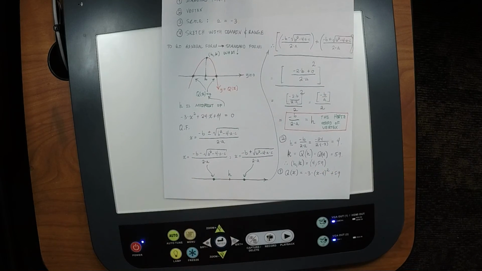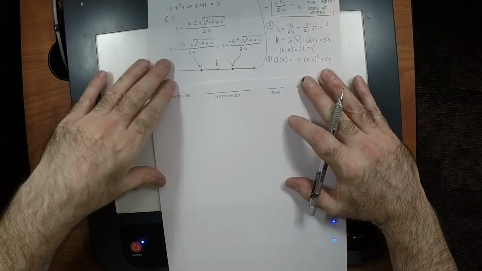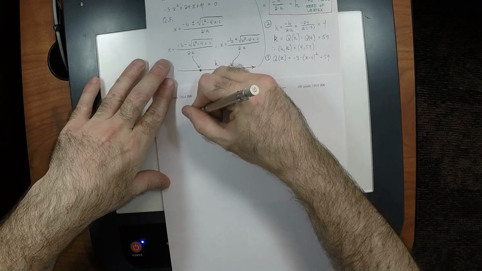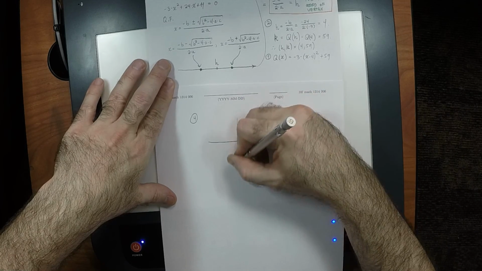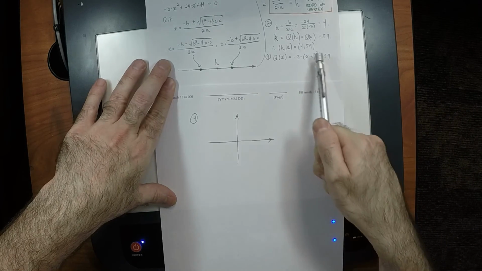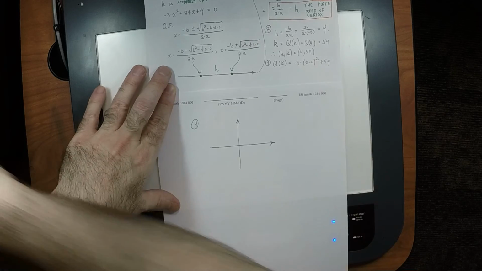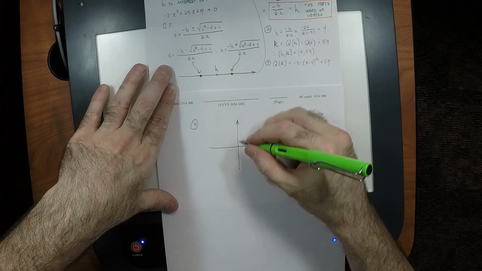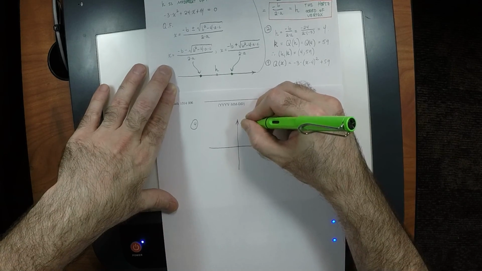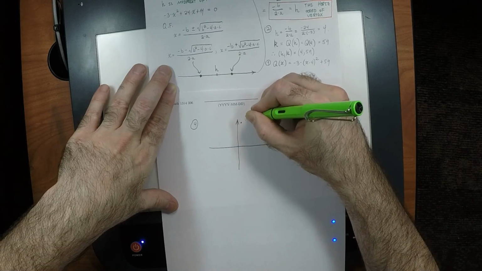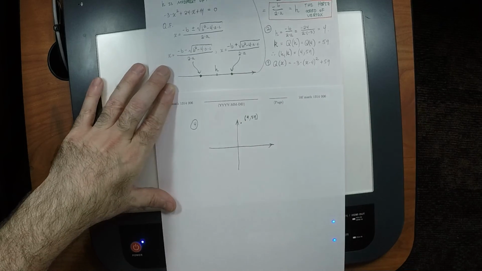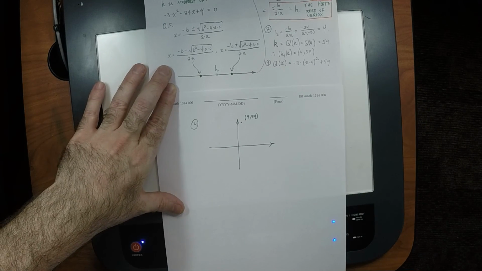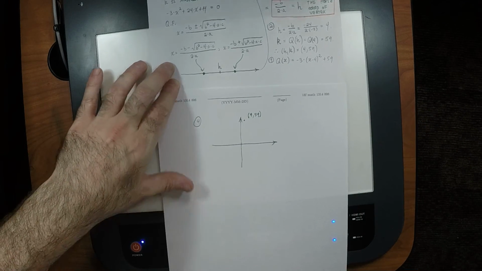And then finally, just to make sure we don't leave it out, I wish I could have fit it all on the same page. The sketch will look like this. So we know that the vertex is at (4, 59). So it's just a little bit over and then way up here. So like that. And then how does it open? Down or up? Down.